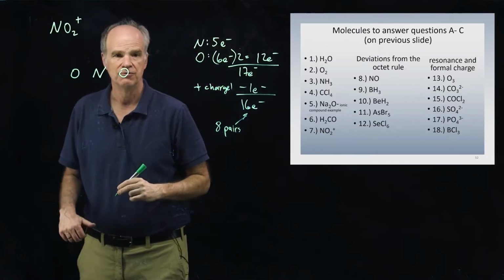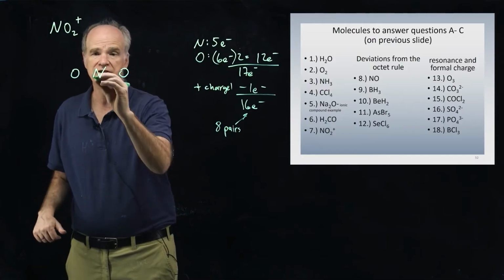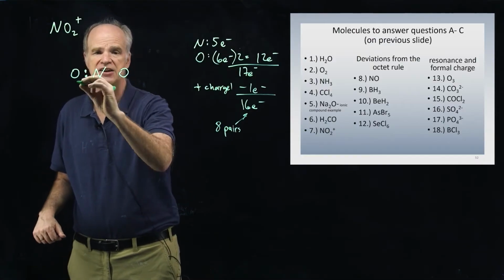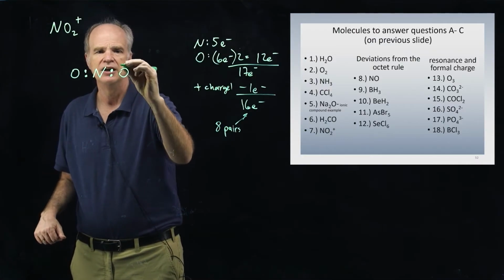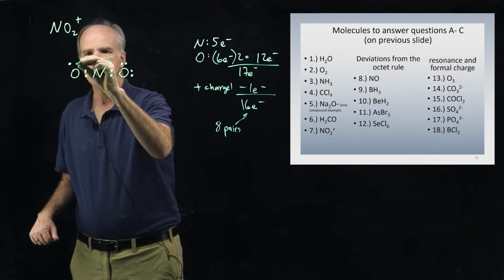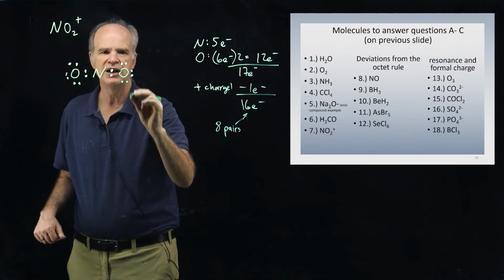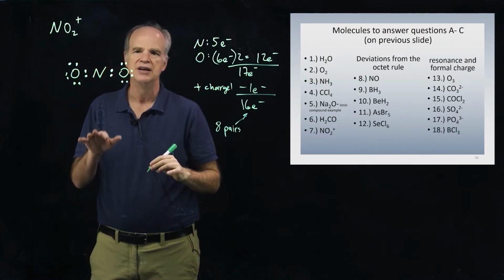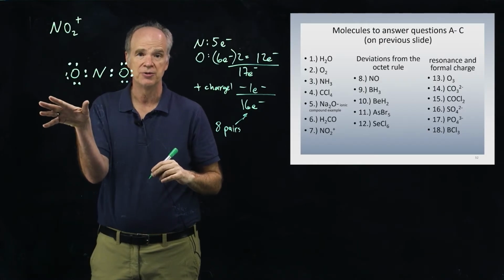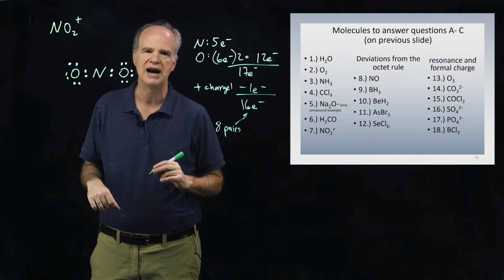Let's put in the 8 pairs. The first pair bonds this nitrogen and oxygen, the second pair here, and then 3, 4, 5, 6, 7, 8. Notice I put the pairs of electrons on the terminal atoms before the central atom. That's generally a good practice.